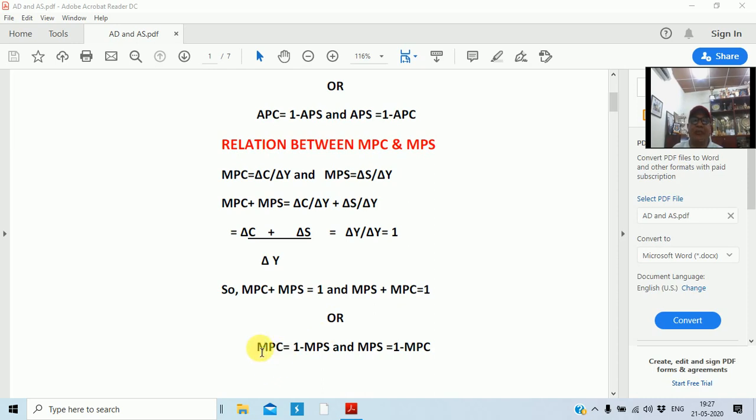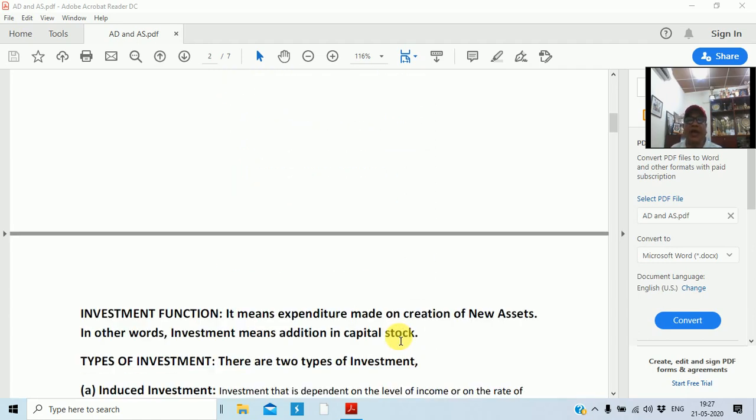Or we can say MPC is equal to 1 minus MPS, or MPS is equal to 1 minus MPC. Here also it is used to calculate one of the variables. If MPC is given, we can calculate MPS. If MPS is given, we can calculate MPC. Clear? Now moving to the next.